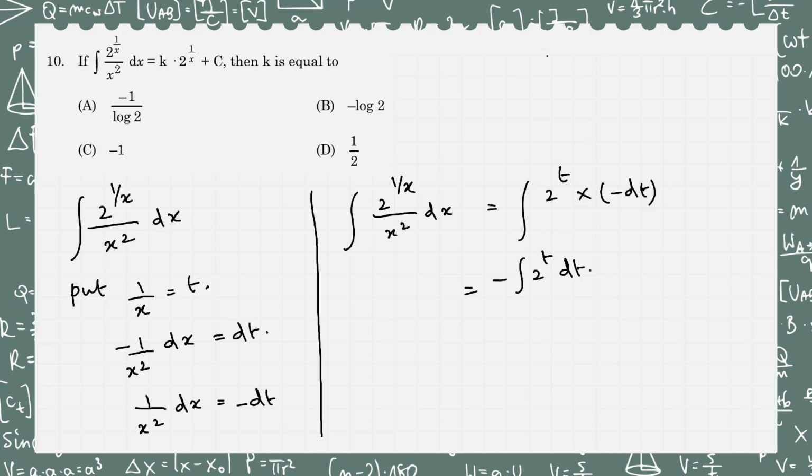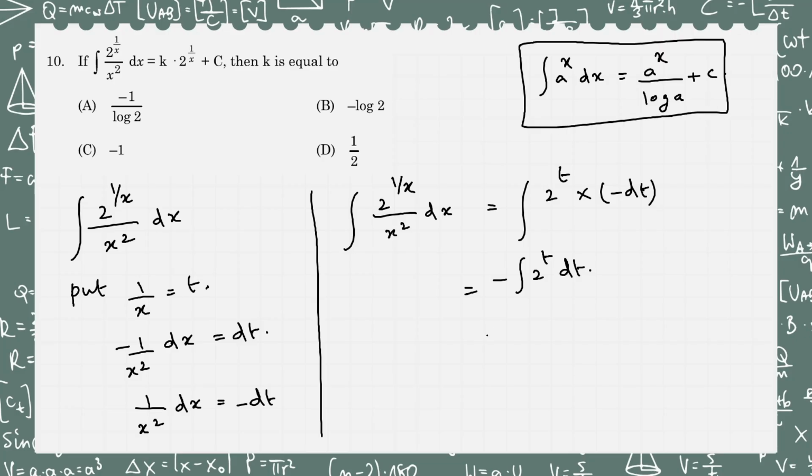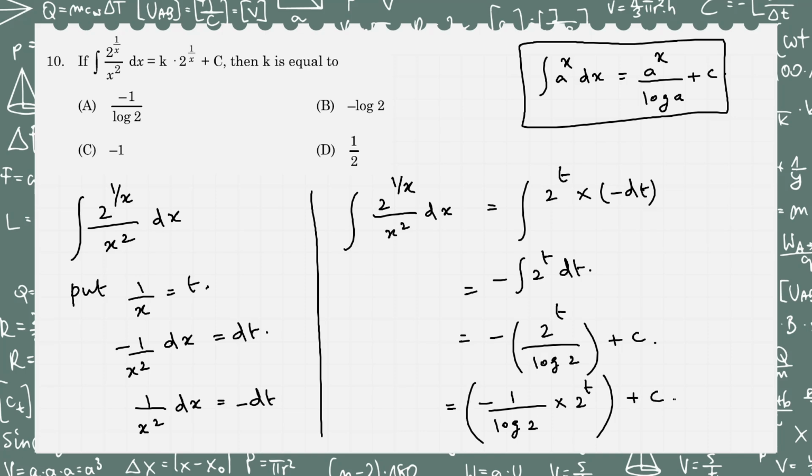And we have this formula: integral a power x dx equals a power x divided by log a plus c. Applying this formula here, we get minus 2 power t divided by log 2 plus c. We can write this as minus 1 by log 2 into 2 power t plus c.